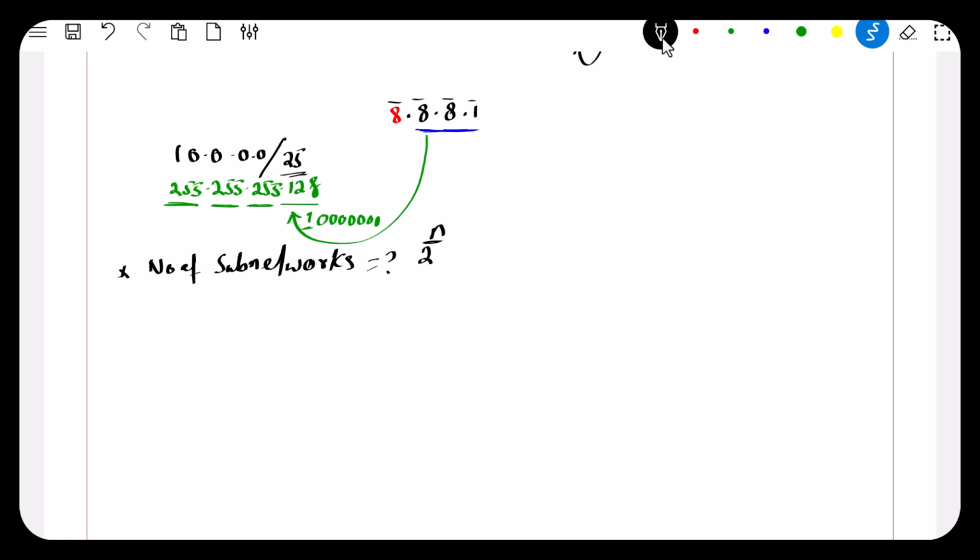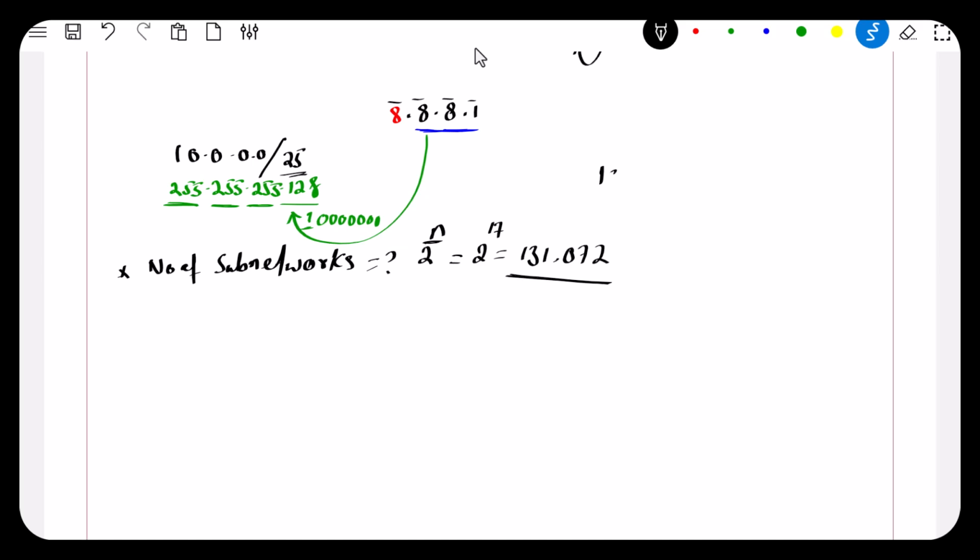N value is the number of borrowed bits. So how many bits are borrowed? 17. 2 power 17. Okay, 2 power 17 is equal to this. Okay, this is the total number of subnetworks.